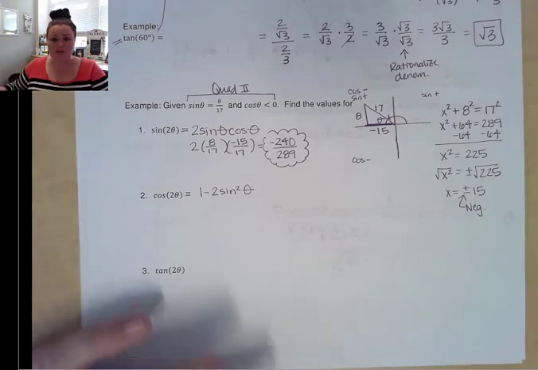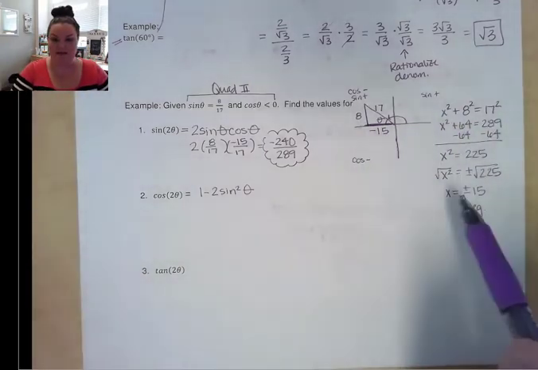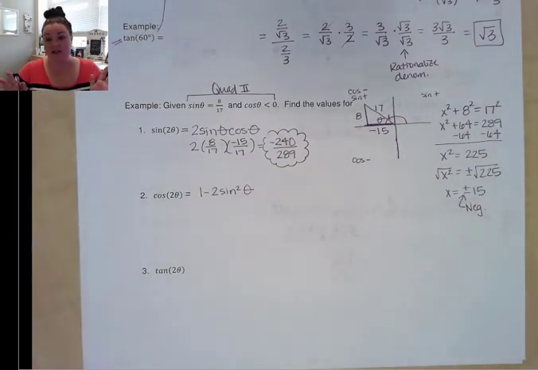Now, if you did all of this and everything correctly, you should get the same answer no matter what, but I encourage you to use the formula that requires the least amount of your worked out answers, just in case you made an error, okay?